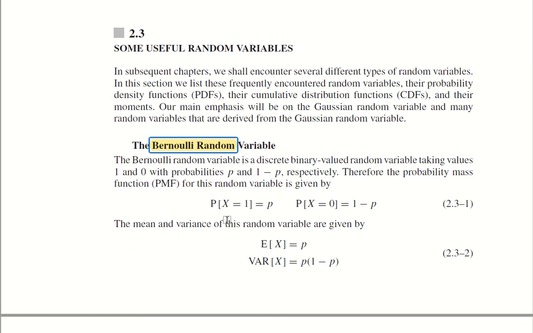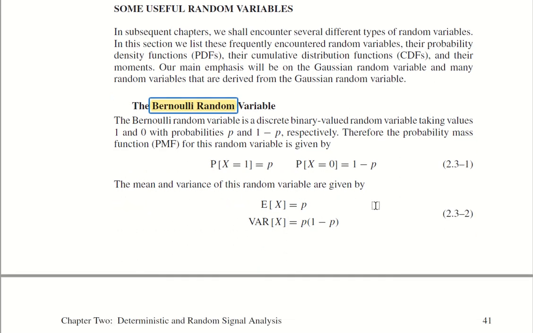That is the binary valued random variable. It has two possible values, with probability p and 1 minus p. We are very interested in two things.